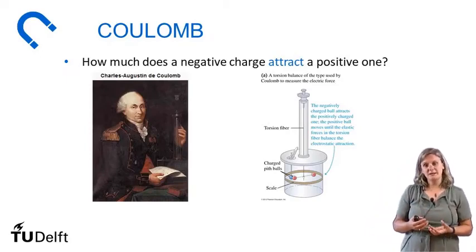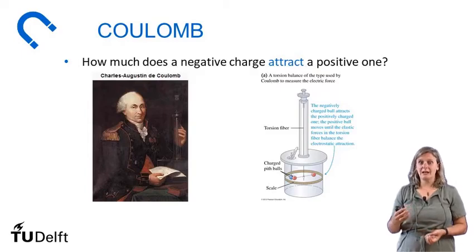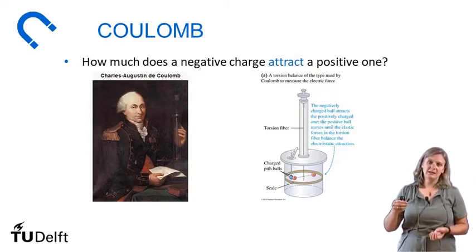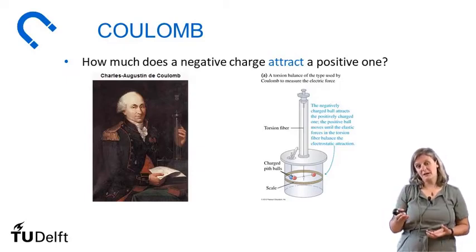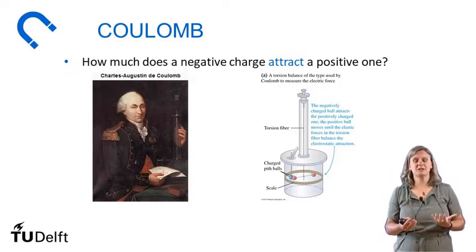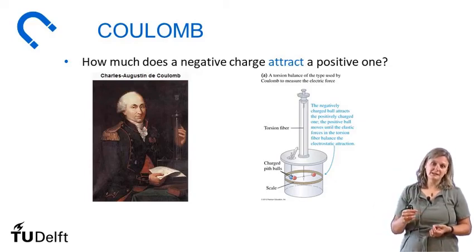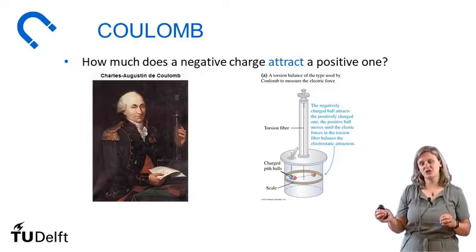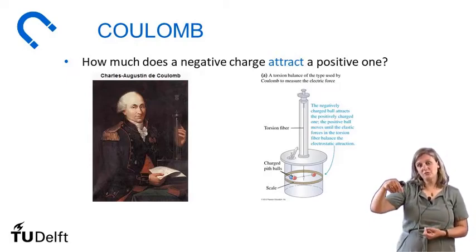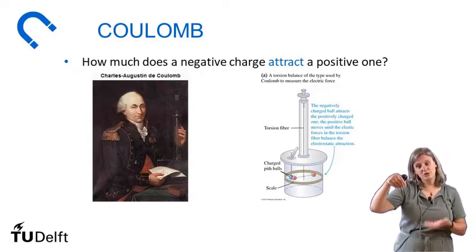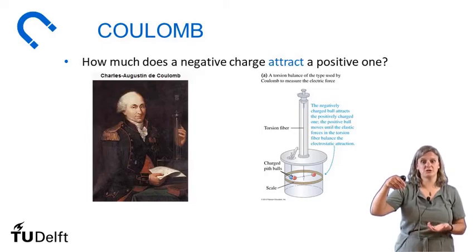So Coulomb designed a very clever experiment. As we can depict in the picture on the slides, there is a spring that's connected to two red balls. In this case, they are negatively charged. They can rotate and thereby push on the spring, so force gets exerted.